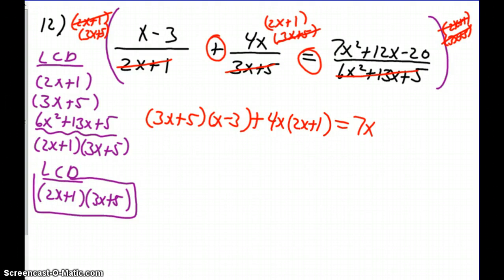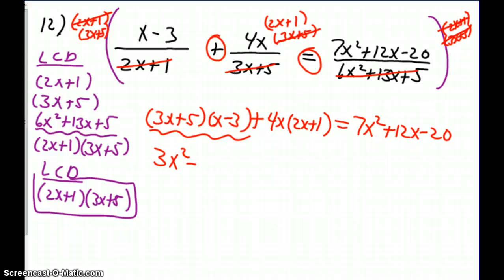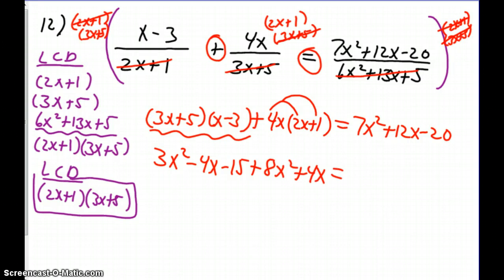You get 7x squared plus 12x minus 1. Now our next job, FOIL this together. We get 3x squared minus 4x minus 15, and then plus, now distribute this, 8x squared plus 4x, then 7x squared plus 12x minus 20.